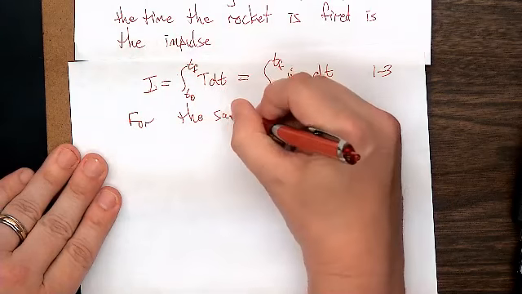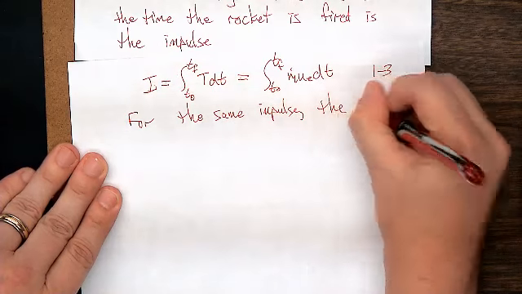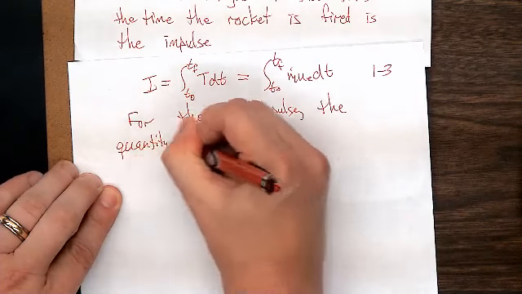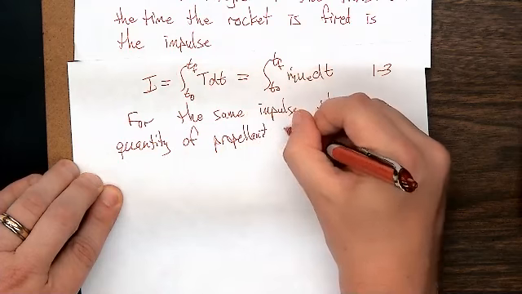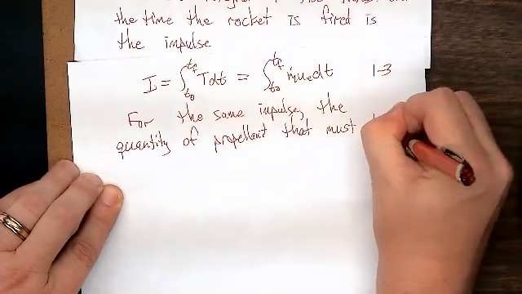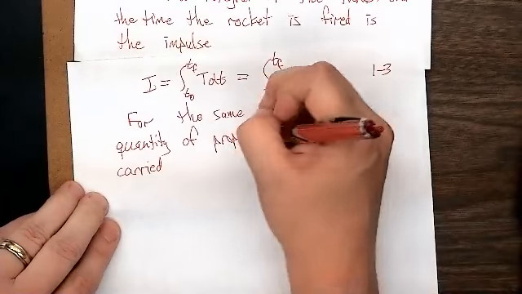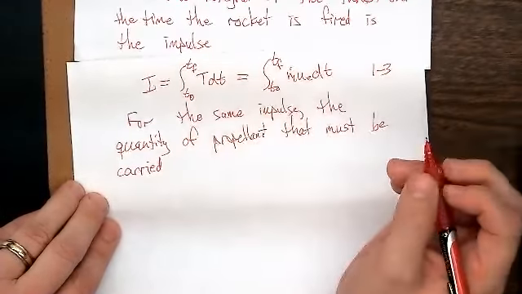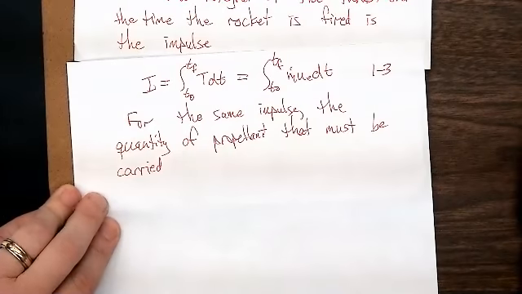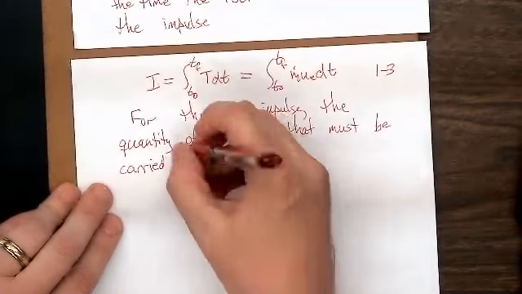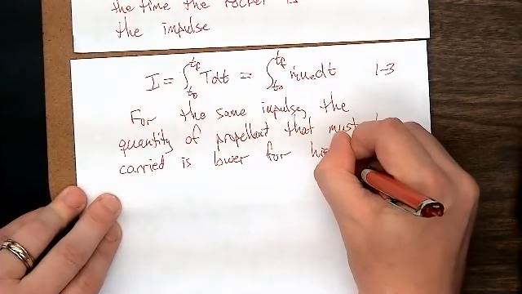For the same impulse, the quantity of propellant that must be carried is lower for higher exhaust velocities.